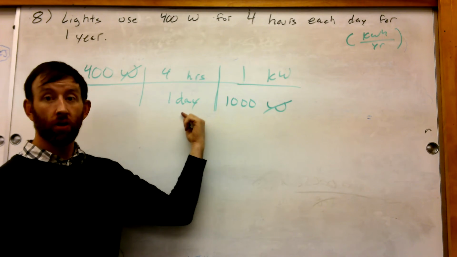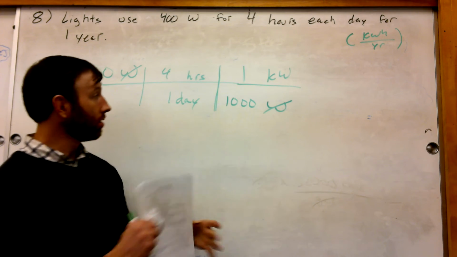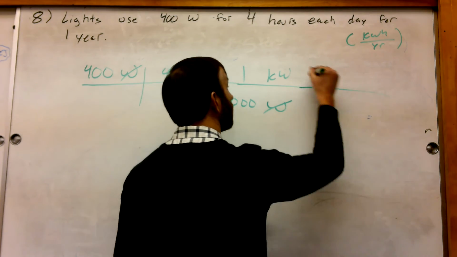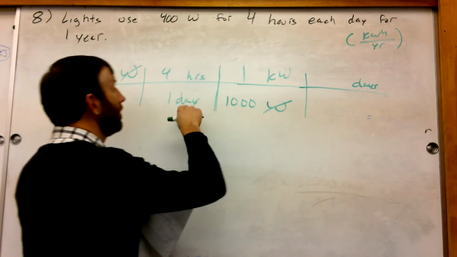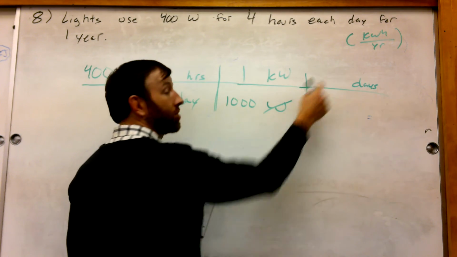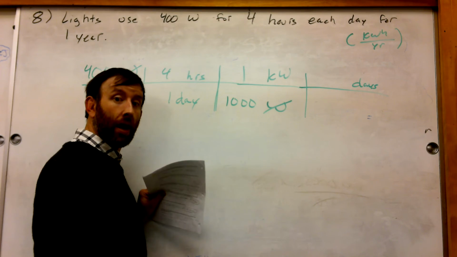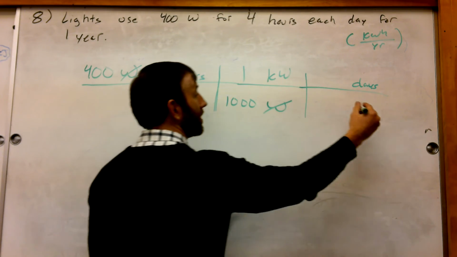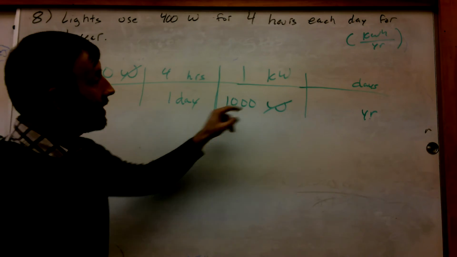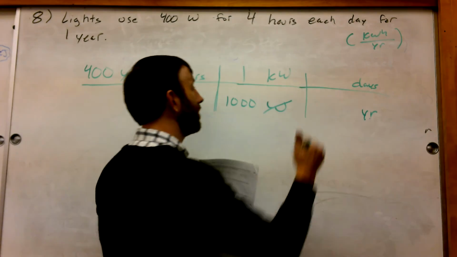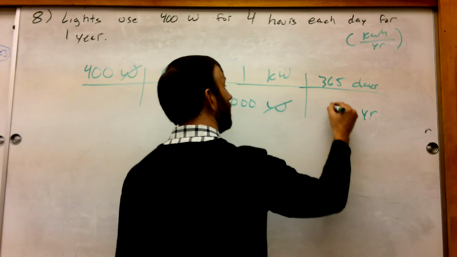Now I need to convert my days into a year. So I want to cancel out days. The day goes on the bottom there, so that means it's on top there, and then on the bottom I can put year. So how many days are in a year? 365 in 1 year.